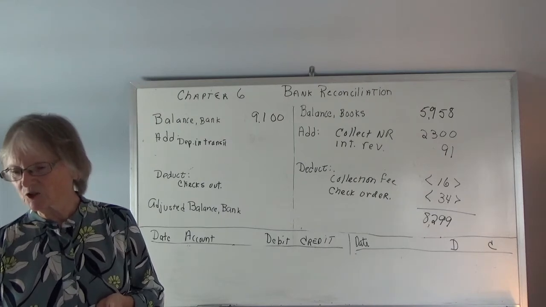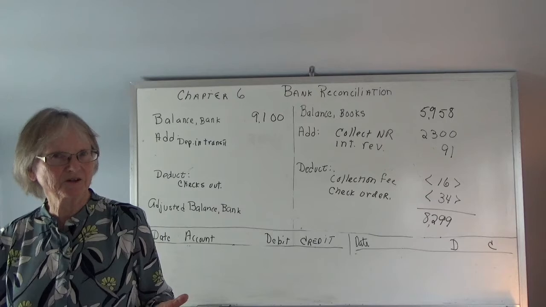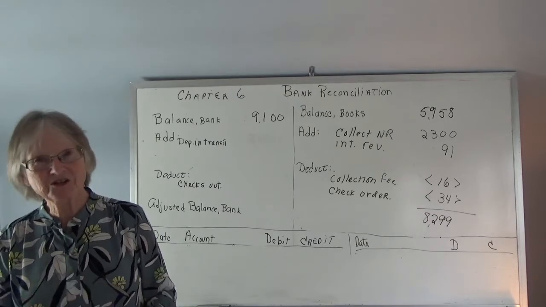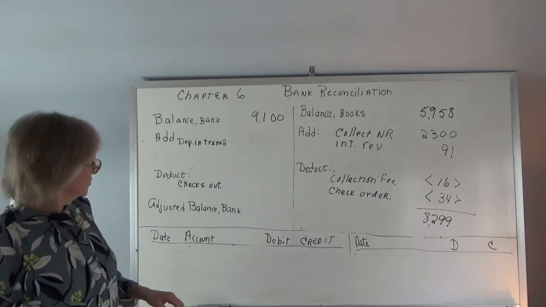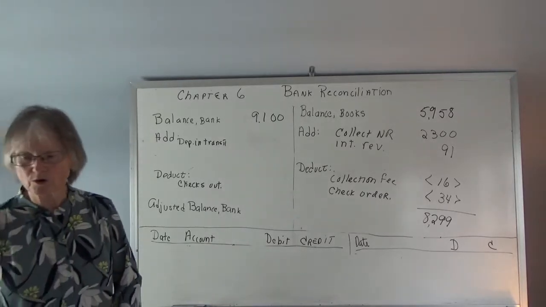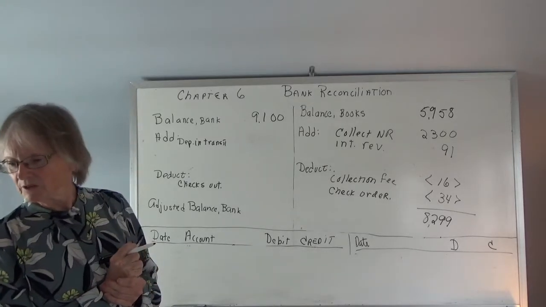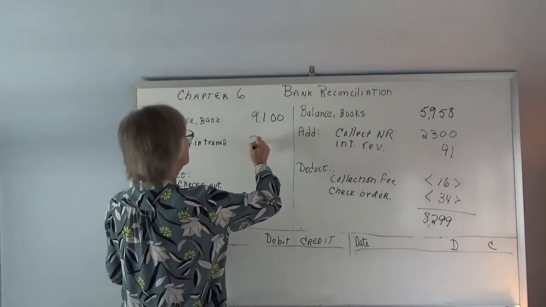That would make sense because on our books, we entered that right at the end of the month. Chances are it just didn't make the cutoff for the bank statement. So our deposit in transit for the end of November is going to be that one deposit of $2541.